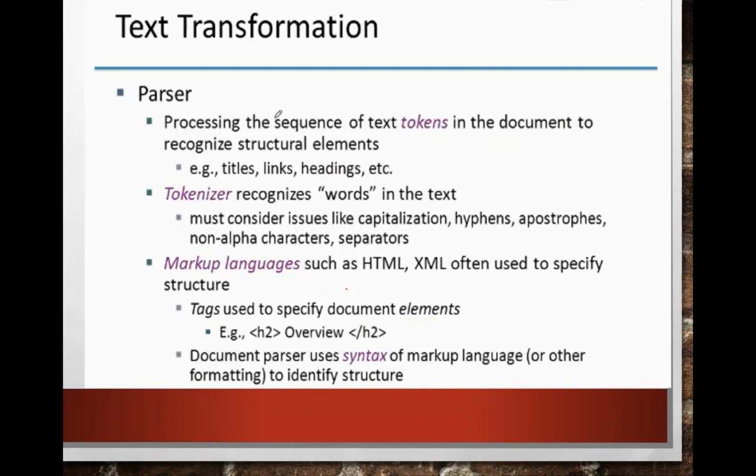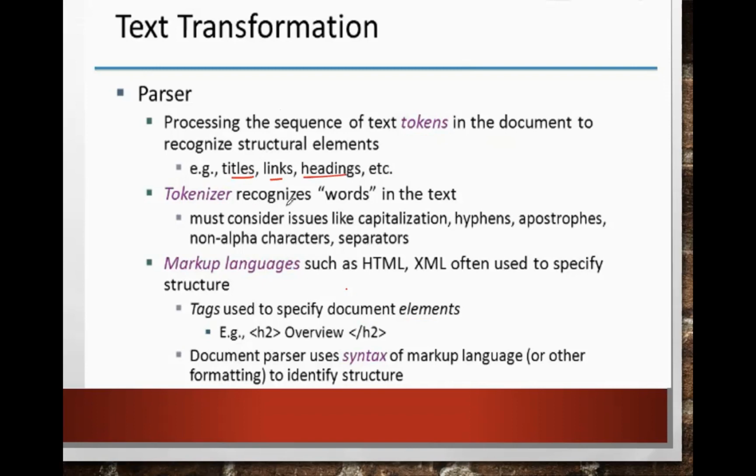In text transformation, a parser is used in order to parse the given text. We use document format specific parsers to extract relevant information. Here information can be title, links, headings, any emphasized text, etc.